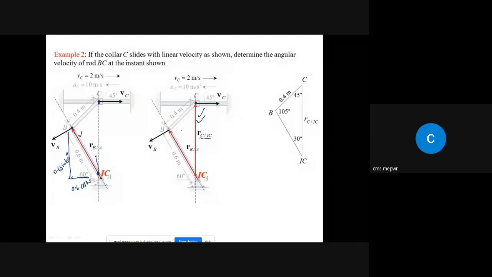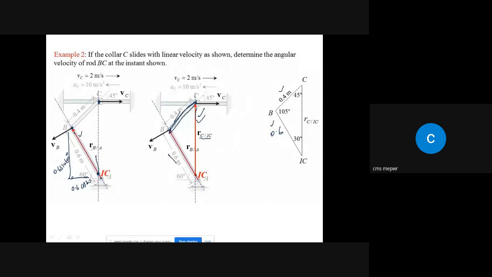If I complete this, we get a triangle over here. In this triangle we have the values 0.6 and 0.4.